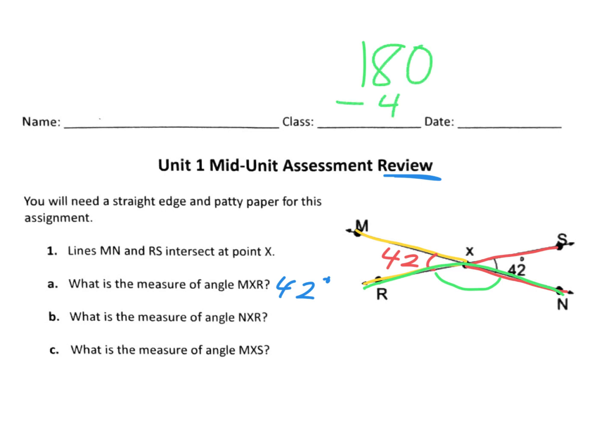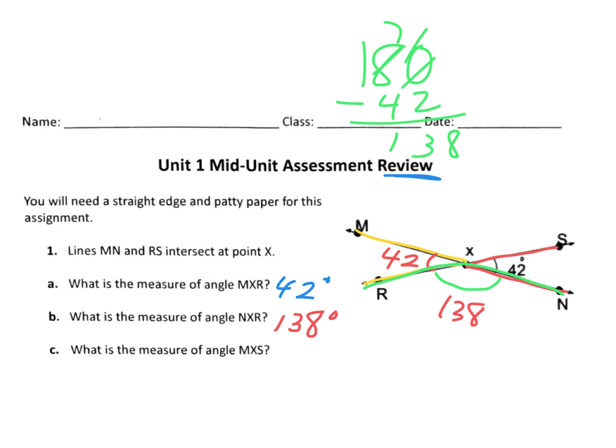So if I were to subtract 42 from that, I could get the remaining angle measure of N X R. So that would be 138 degrees to fill in right here. And that I knew because a straight angle is 180 degrees. So N X R is 138 degrees.